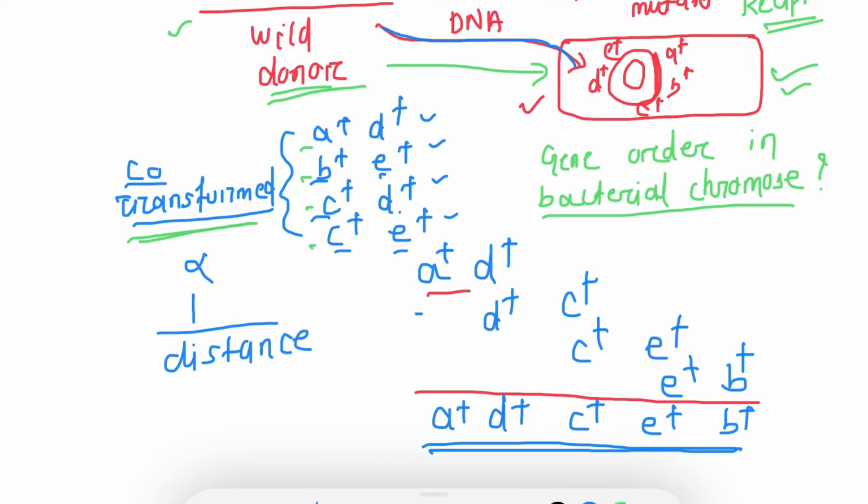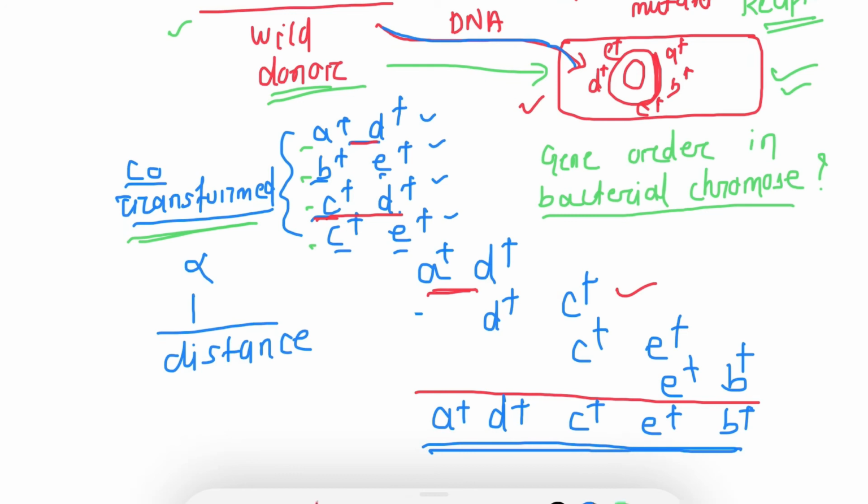So in this question, first you have to arrange the genes that are co-transformed. Like here A plus D, they transformed together, so write down A plus D. Then D is transformed together with A, and along with that it is transformed with C, right? So I have written D plus C in the second step.